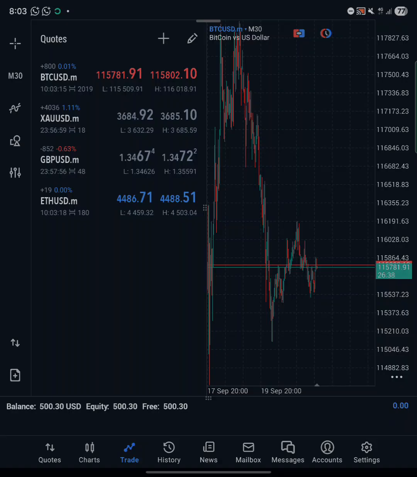The two numbers I'm talking about are, let's say, 115,780.91 minus 115,801.10. The difference between both of them is what we call spread. It is a very simple aspect.